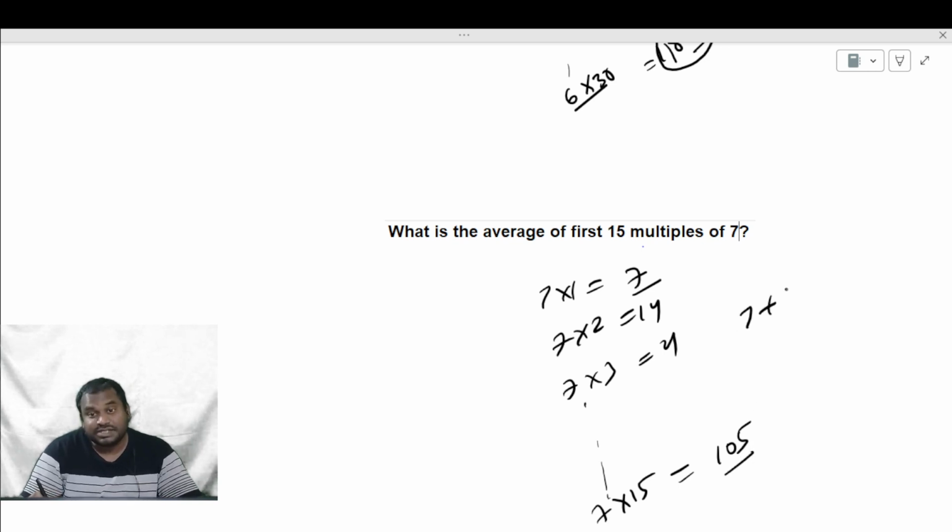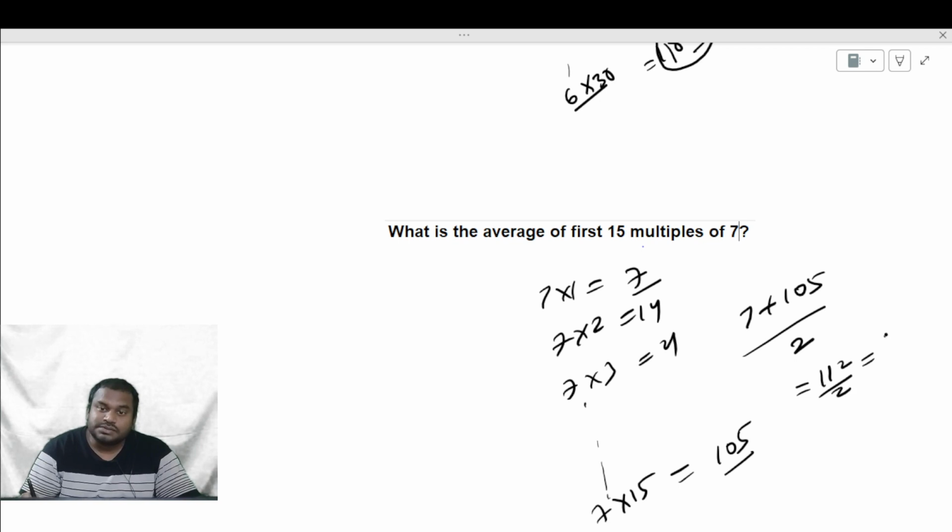So 7 plus 105 divided by 2 is 112 divided by 2, which equals 56.